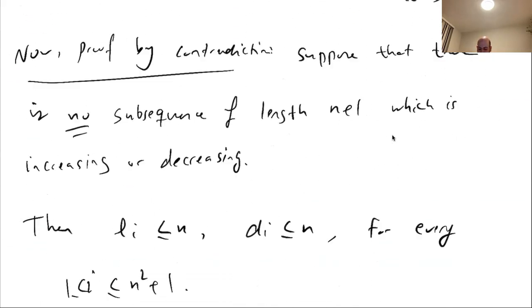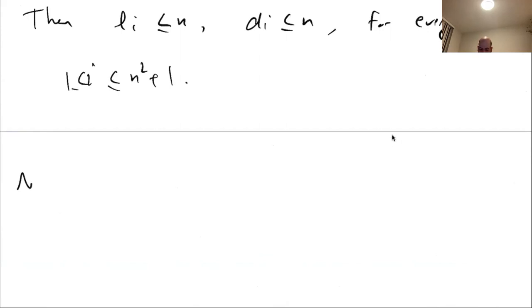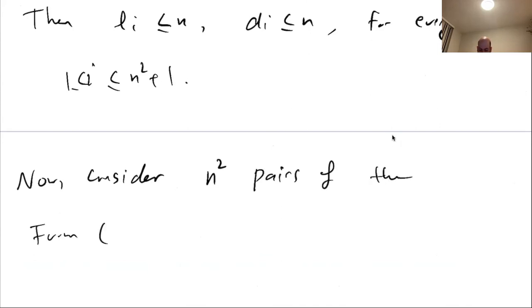So now consider n squared pairs of the form a and b, with a and b between 1 to n. Imagine each of these pairs as one box.